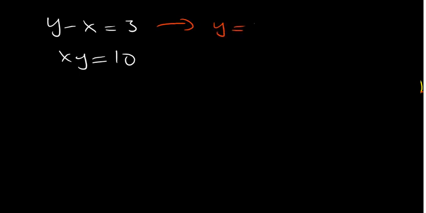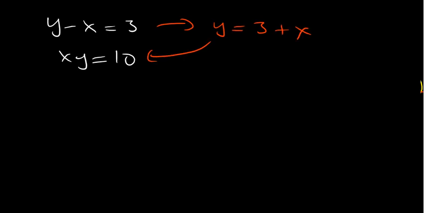y minus x actually is equal to 3, and then xy is equal to 10. So this one is a two-way. So I can instead make y the subject right away. So y is equal to 3 plus x, right? And then substitute.